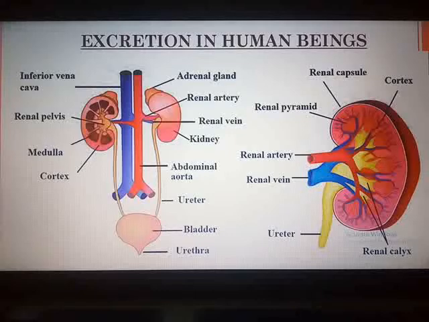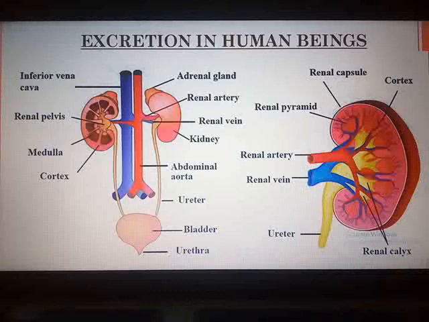The right kidney, if you see, is in a slightly lower position than the left kidney. There are two kidneys, and each kidney has approximately 10 lakhs of nephrons. It is not only a single nephron performing the function, but about 10 lakhs of nephrons.